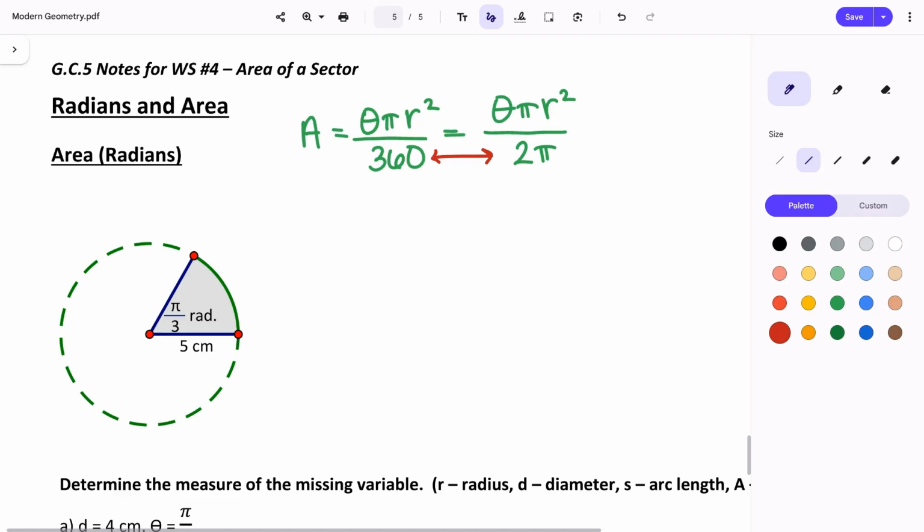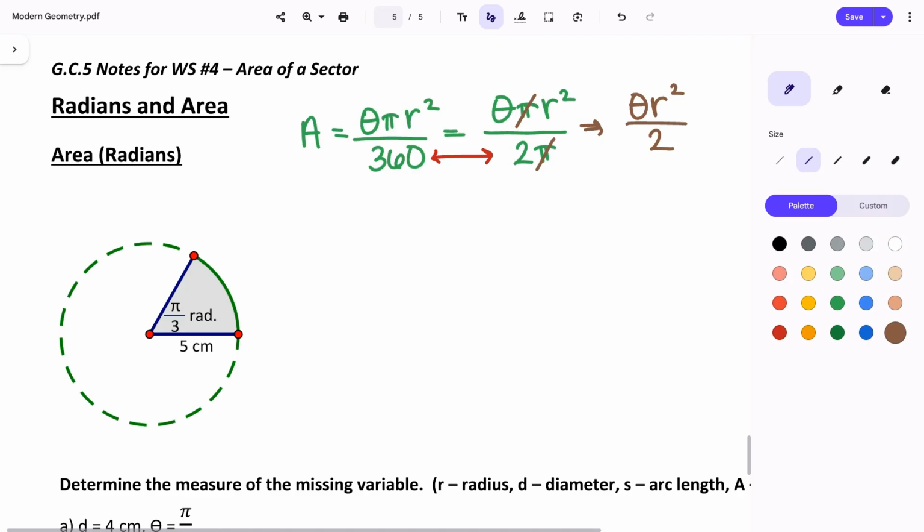And when you look at this now, you should be able to see there's some stuff in common from the top and the bottom. What could we get rid of here? The pi's, right? Those go away. And so what are you left with? Theta radius squared all over 2.